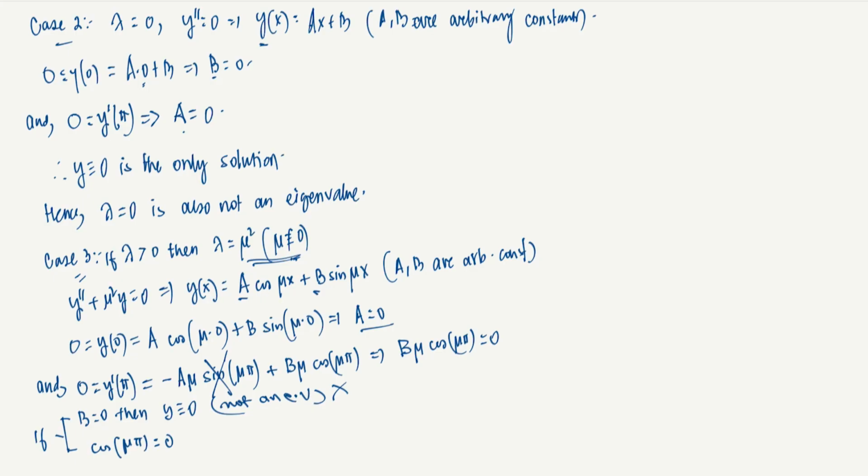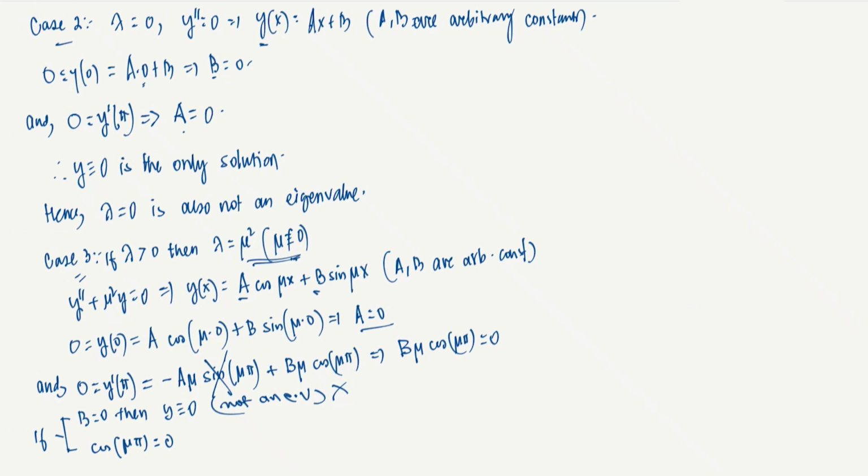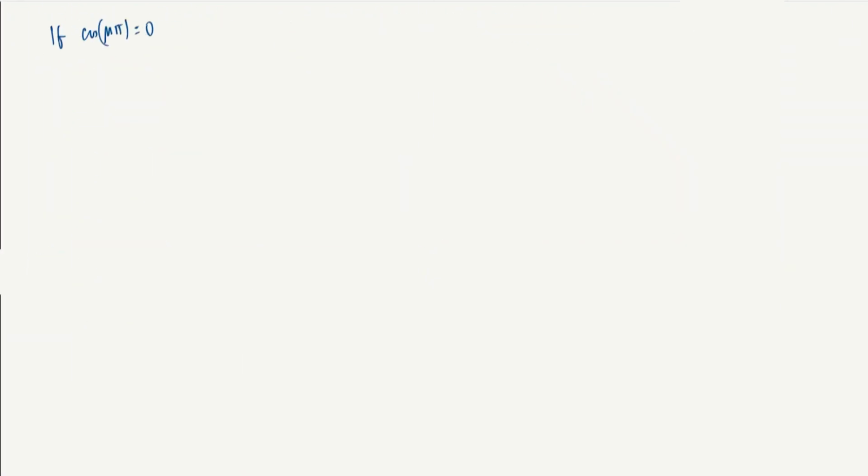Let's understand this. If cosine mu pi is 0, then B is not 0. Here, B is not 0, but cosine mu pi is 0. We need to know when cosine is 0, right?